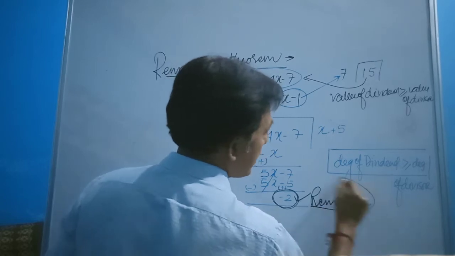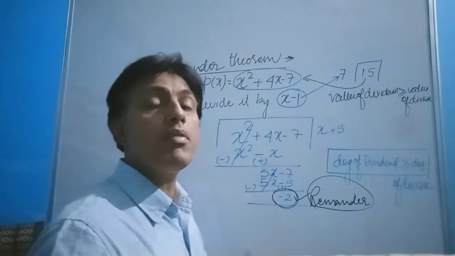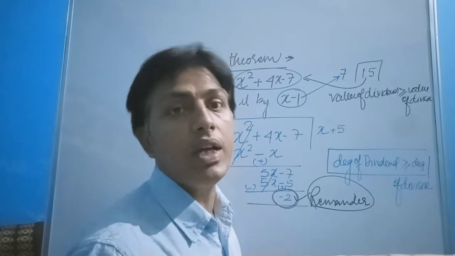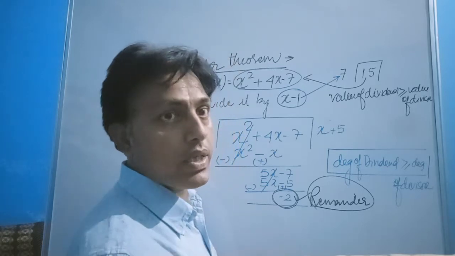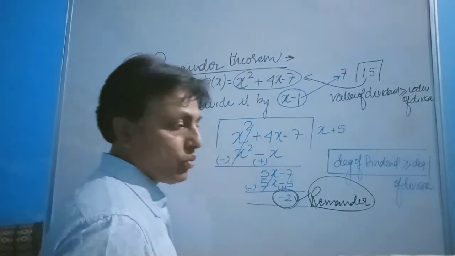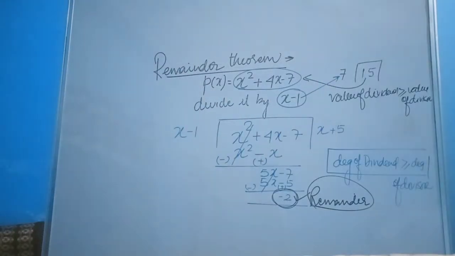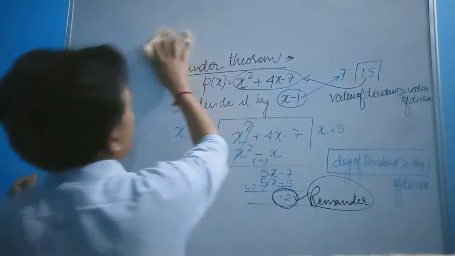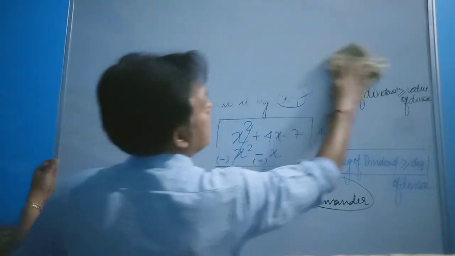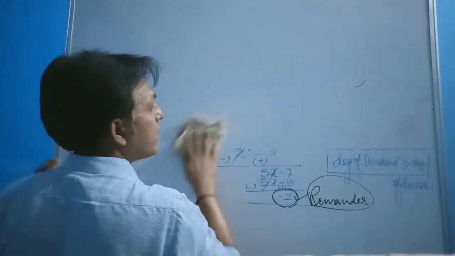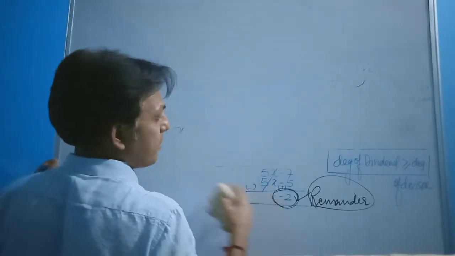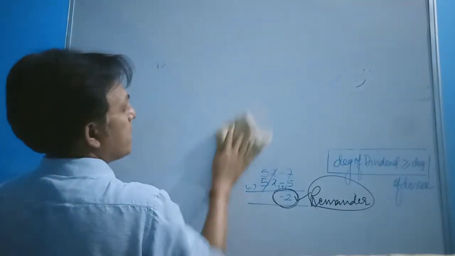This is the traditional method of finding the remainder. But the remainder theorem gives us another method of finding the remainder. So the remainder was minus 2.